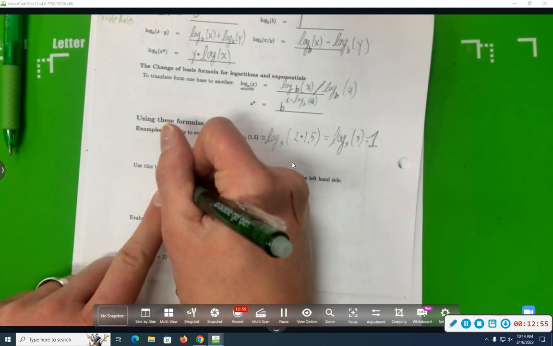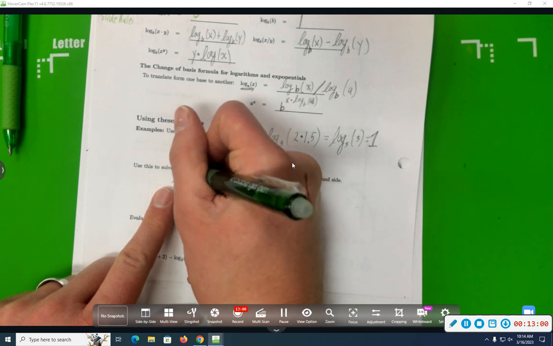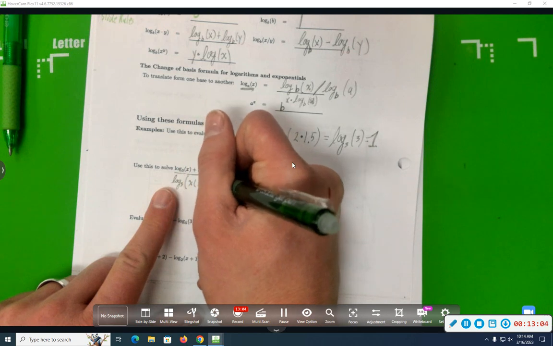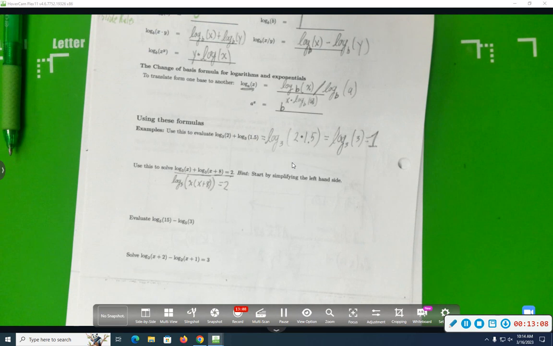So this will become a single log base 3 of, I'll multiply the things on the inside together, x times x plus 8, equals 2. Oh, neat. Now I see a single equation in log form.